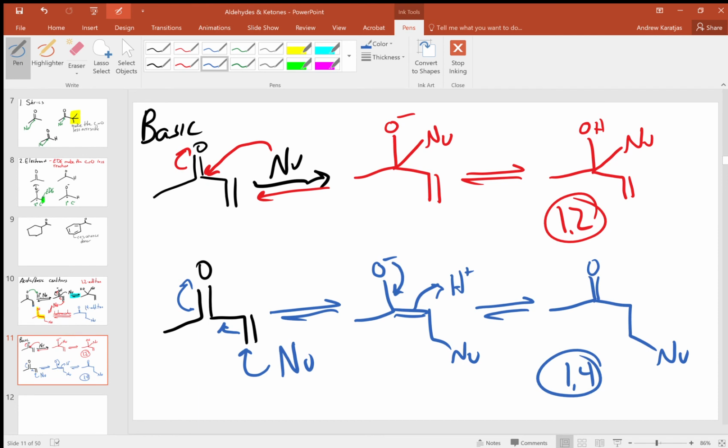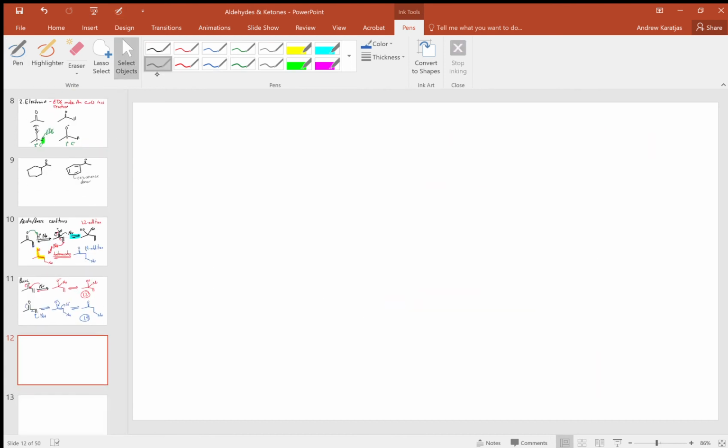So what determines if we get 1,2 or 1,4? The answer is the difference between 1,2 and 1,4 addition is all about what the nucleophile is. Because 1,2 has lower activation energy.